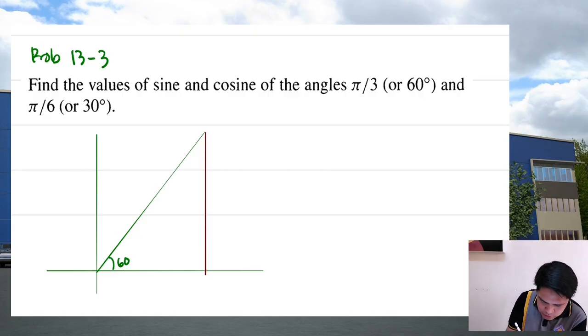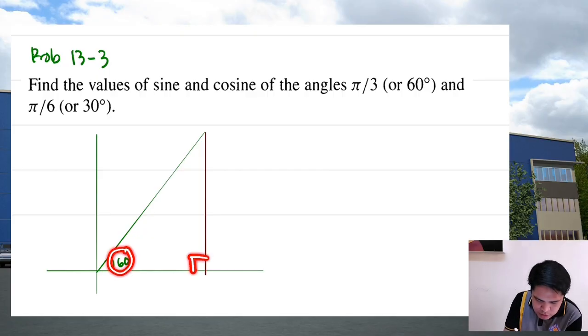So this is 90 degrees, and the interior angles of any triangle always add up to 180. So if this is 90 degrees and this is 60 degrees, then therefore this is 30 degrees.